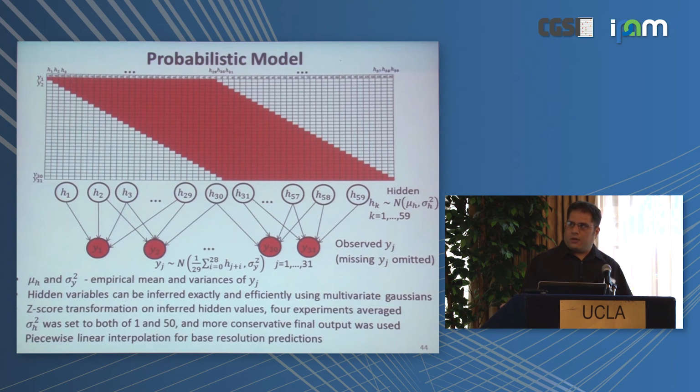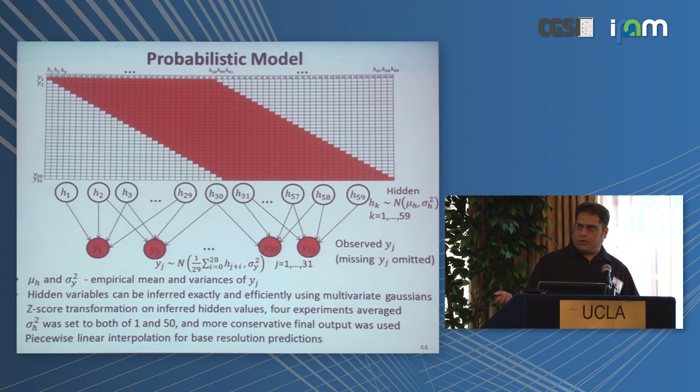We assume that the y's are normally distributed with their mean set to the mean of the incoming h variables and a variance parameter which we set to the empirical variance of the observed data. And then we put a normal prior on the hidden variables where we set its mean to the empirical mean, and then we have one free parameter, which is the prior of the variance of these, which ends up controlling the overall smoothness of the inference.